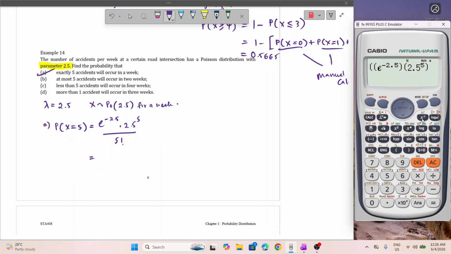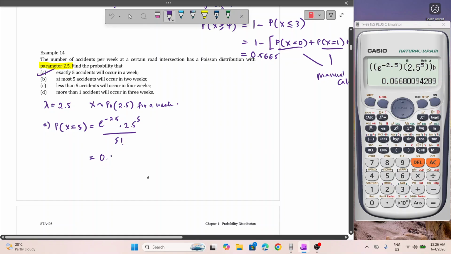The first one is only for this term, but when you close another bracket, it is meant for all the terms in the numerator. Now we can divide it by 5. Go to shift and click 5 factorial, and click equal to, then you should get the answer 0.0668.